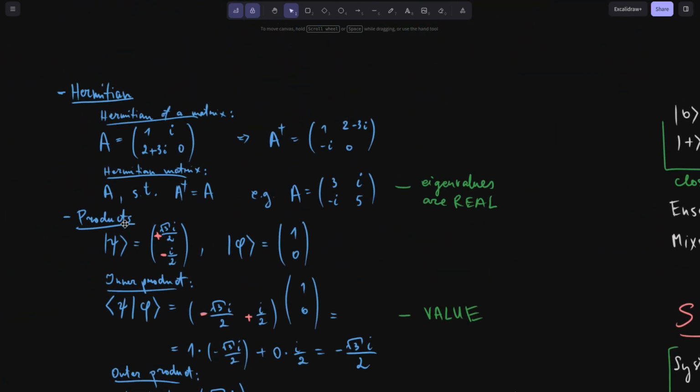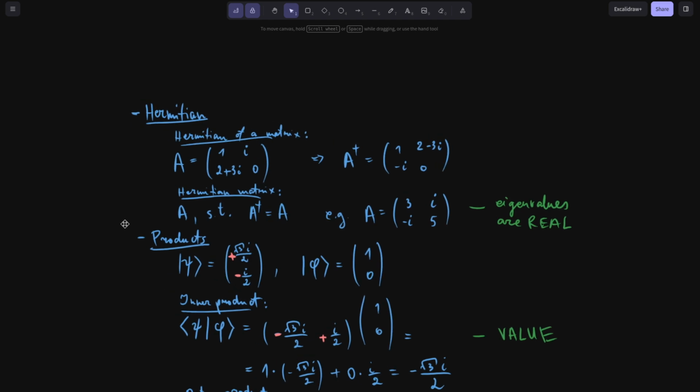So we have the Hermitian. Hermitian could be an operation that we do on a matrix. So we have some kind of matrix and we have the Hermitian of that matrix. We assign a dagger for it. So if we have a dagger, it means it's the Hermitian.